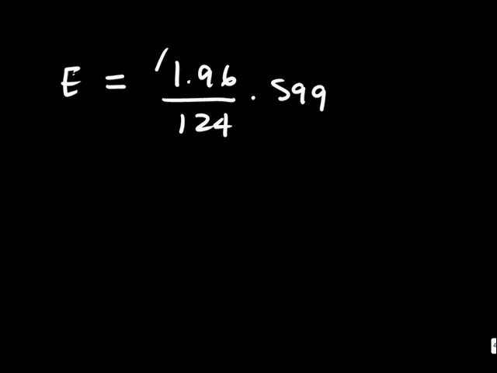So, using the information they gave in the problem, 1.96 divided by the margin of error of 124 times the standard deviation of 599 raised to the second power, we can compute the sample size needed.